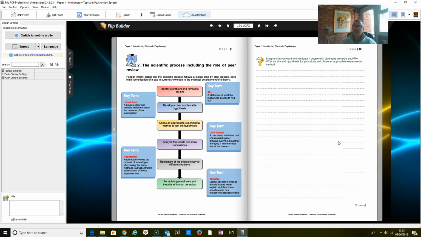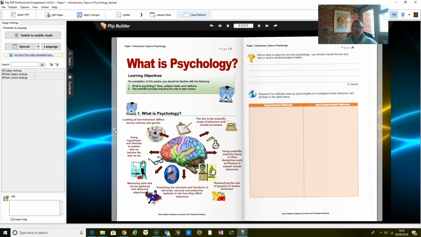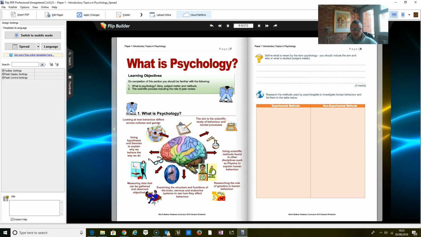Importantly, we're in the game of actually trying to formulate general laws and understand human behaviour. If you think back to the previous page, here, looking at how behaviour differs across cultures and gender. So in other words, we need to make comparisons, and if there are general laws, then something is said to have validity.